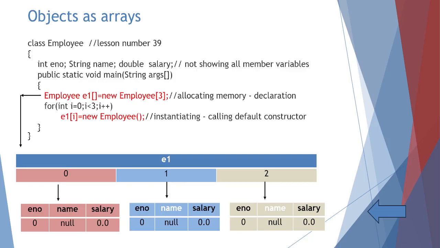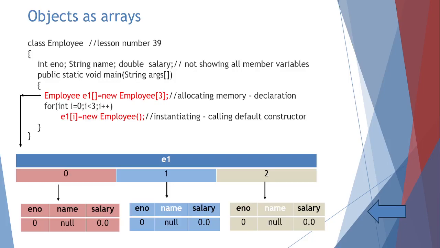This is what happens. Now, any read method, print method, calculate method, any method we call with the help of e of 0, e of 1, e of 2, and so on and so forth. That is, in the for loop, e of i.